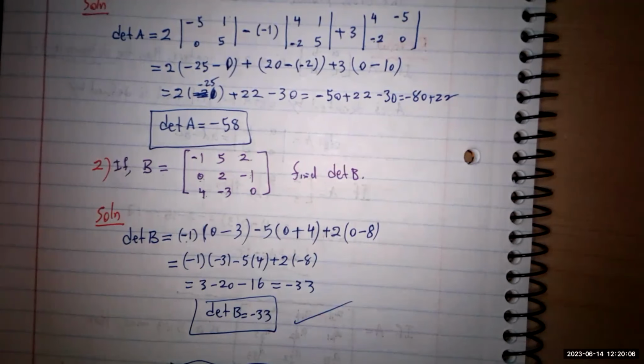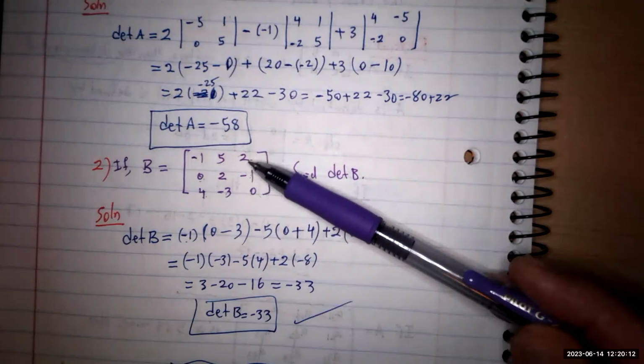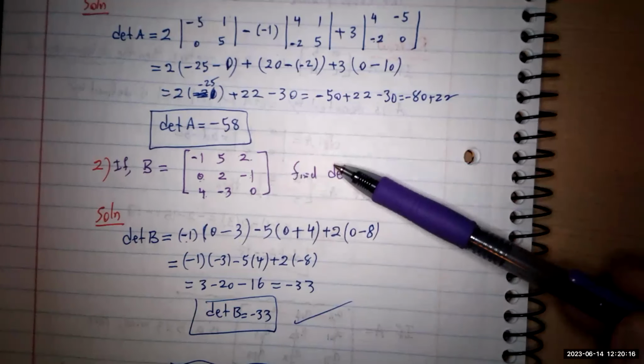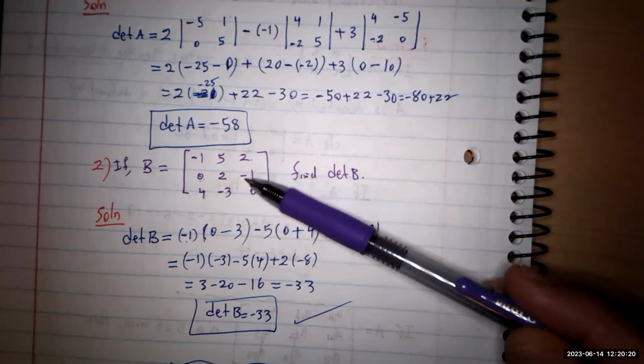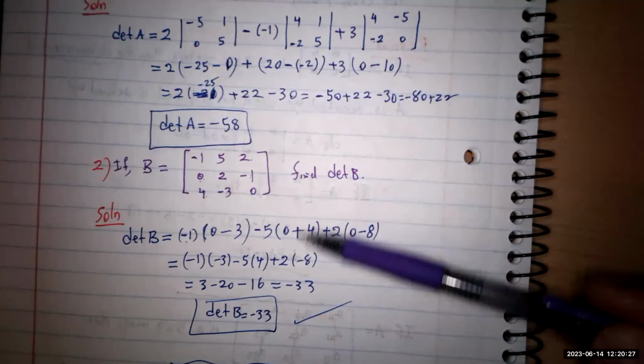And the other one is that sometimes if you switch the rows, if this is the given matrix and you change it by switching the first row and the second row, the determinant of the resultant matrix is going to be the opposite of this one.